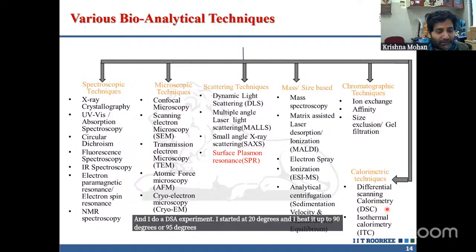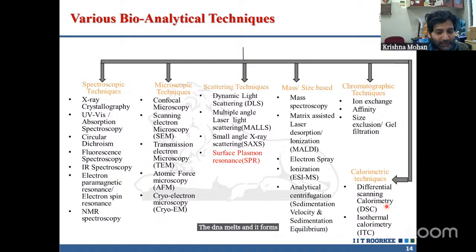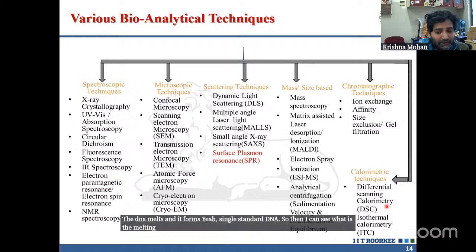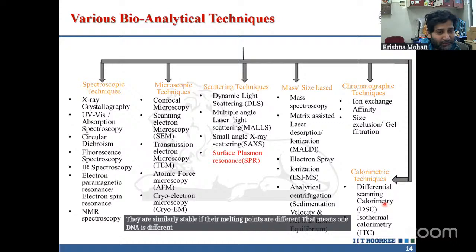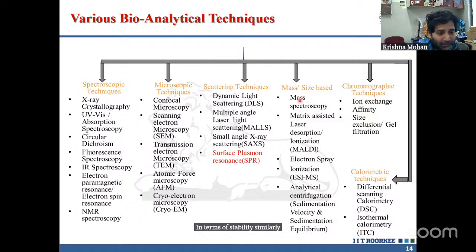The DNA melts and forms single-stranded DNA. Then I can see the melting temperature of the DNA. If I take two DNA molecules and they have similar melting points, they are similarly stable. If their melting points are different, then one DNA differs from the other in terms of stability.